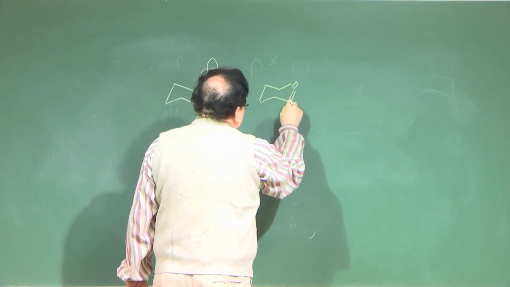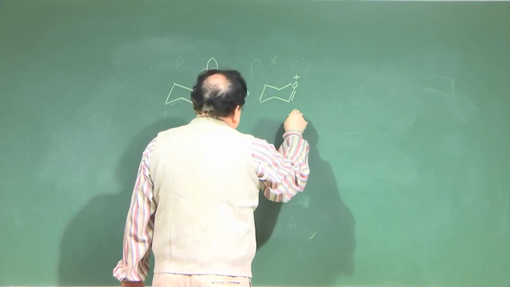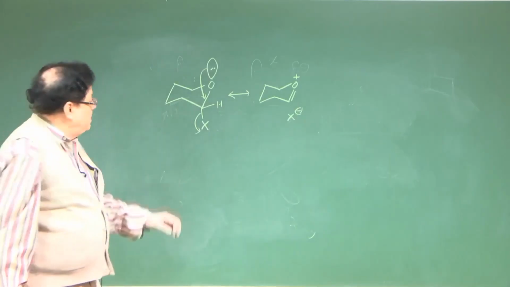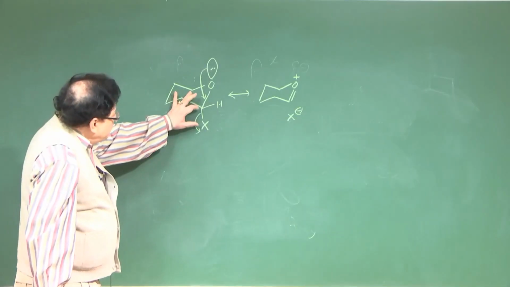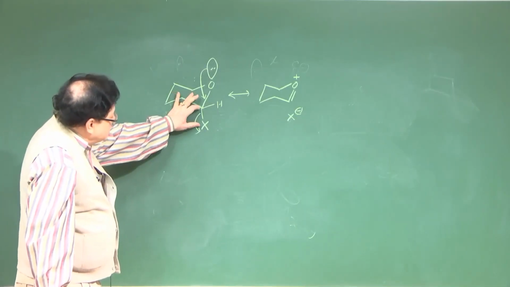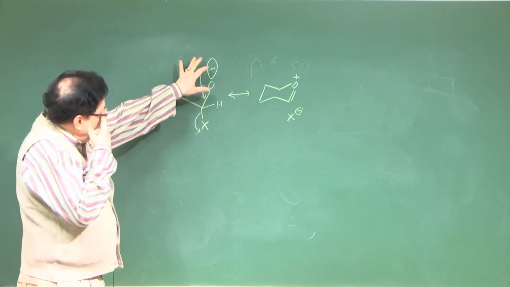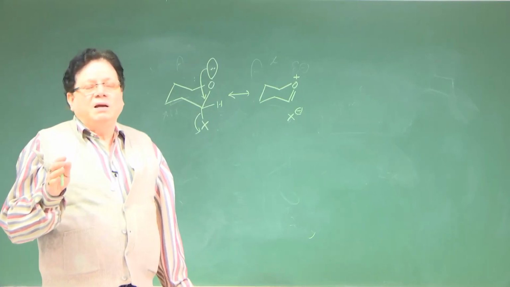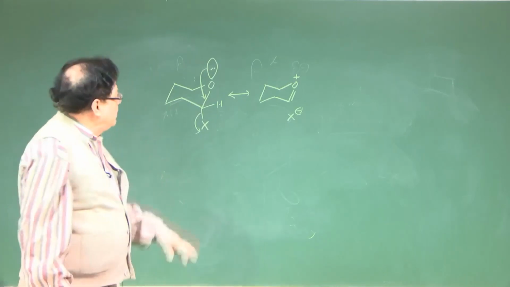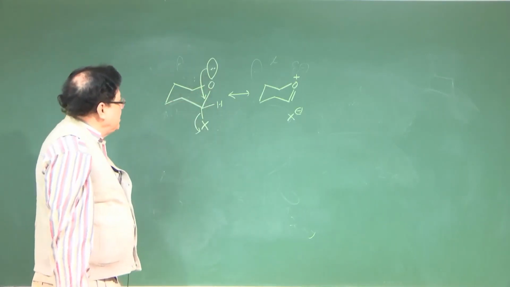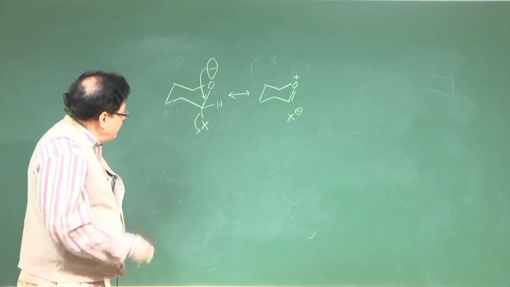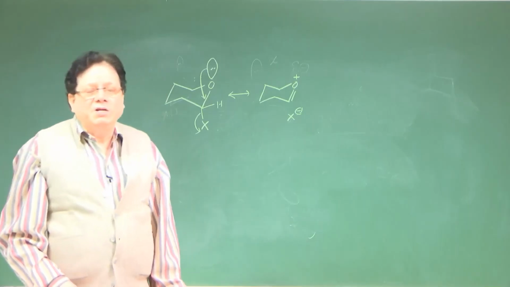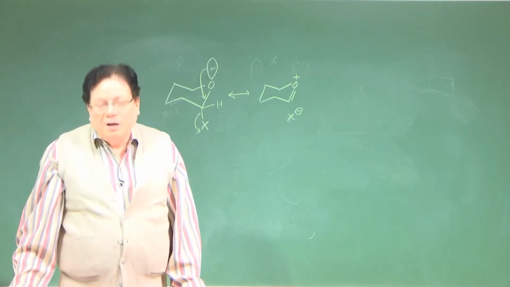It is a resonance structure, O plus X minus. Okay. This is happening because of the geometric relation between this CX orbital and this lone pair, because they are positioned in space in such a way that this type of displacement can take place. This is very similar to any addition or elimination, beta elimination or 1,2 addition.